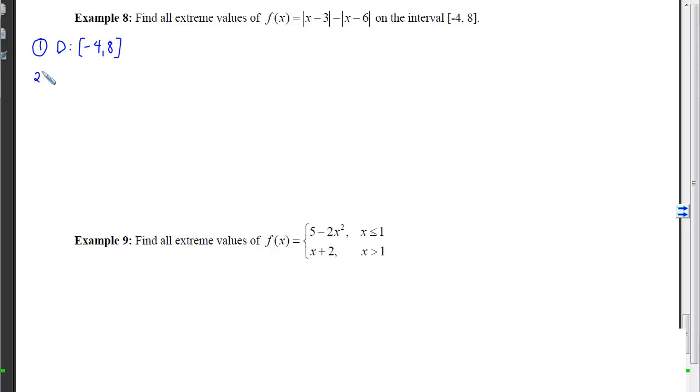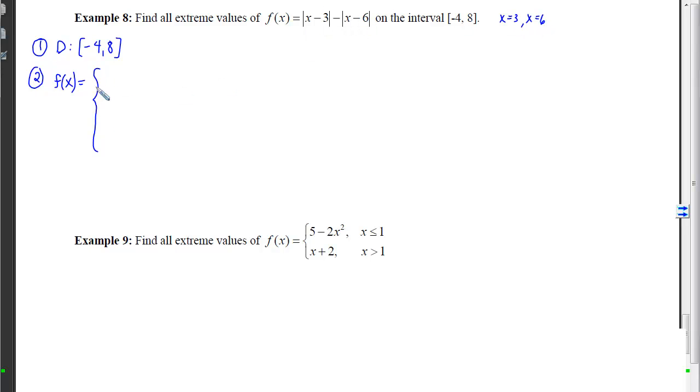For step 2, we cannot take the derivative until we rewrite that as a piecewise function. So the first thing we're going to do is recognize that f changes behavior at x equals 3 because that's when the inside of this absolute value changes from positive to negative, and it's also going to change behavior when x equals 6. So when x equals 3 and when x equals 6, I'm going to have changes in behavior.